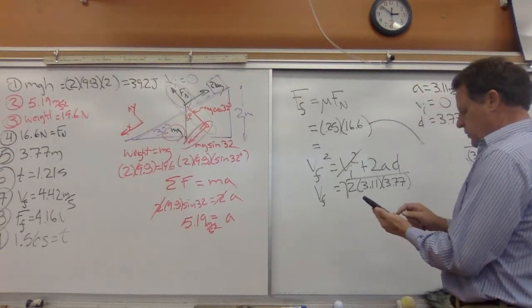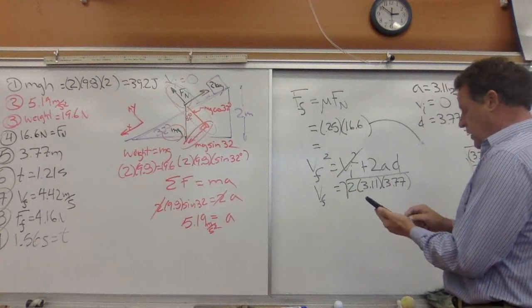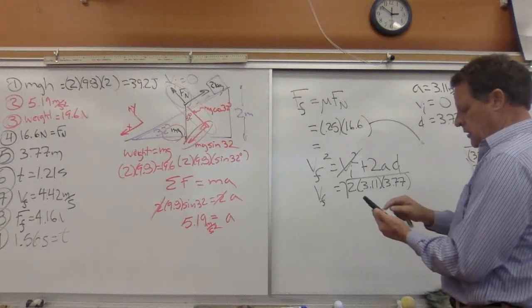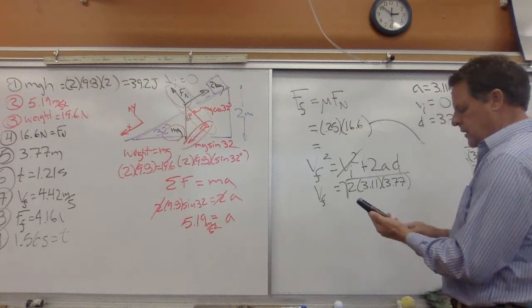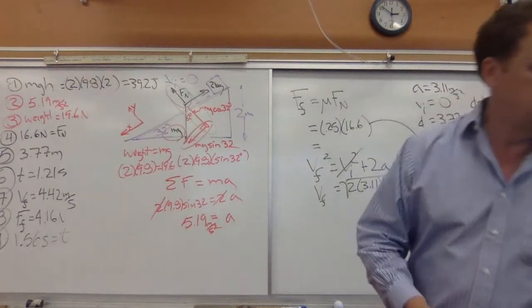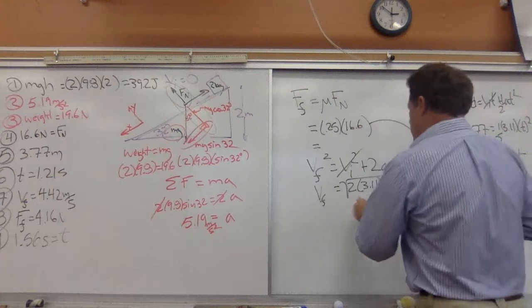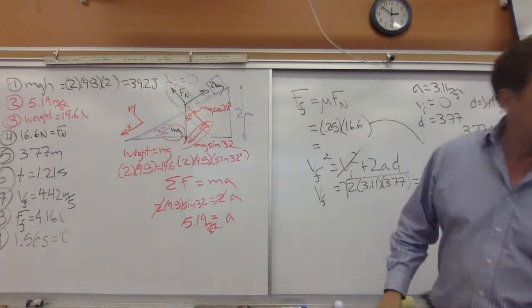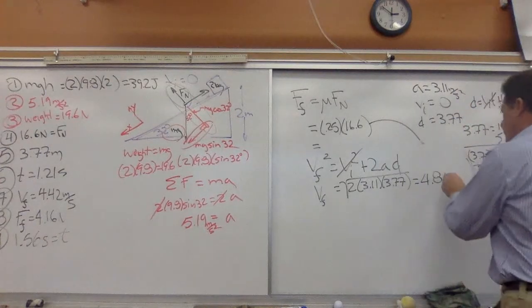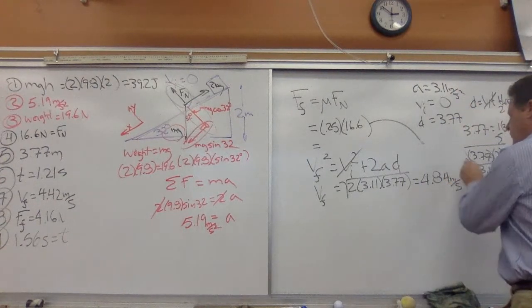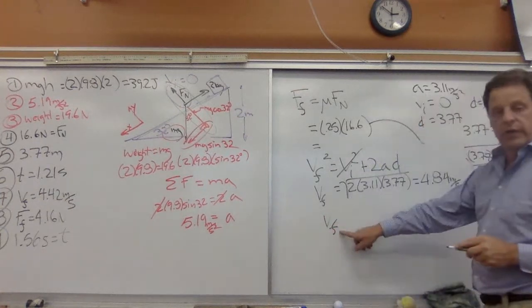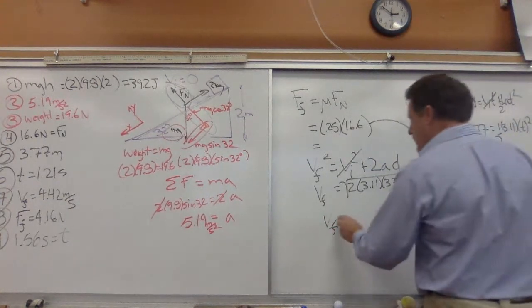So 2 times 3.11 times 3.77, and then take the square root of that, and we're at 4.84 meters per second.